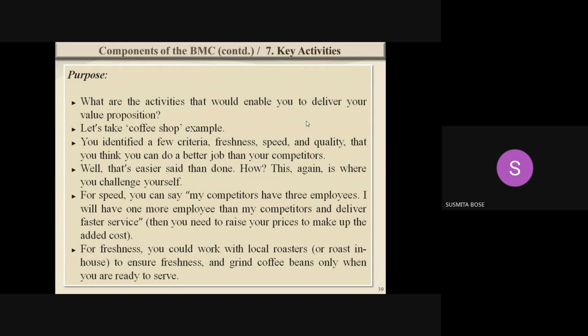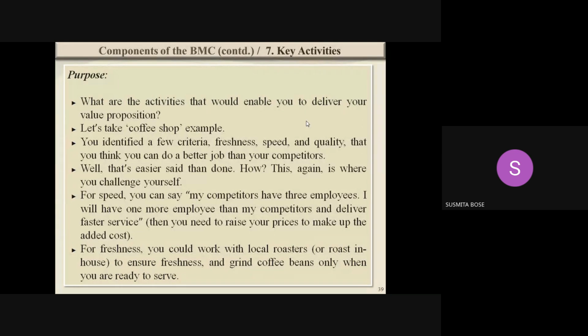But then if you appoint 1 more employee for faster service, like we can see nowadays Swiggy or Blinkit, you place an order and within 8 to 10 minutes they are delivering the products.